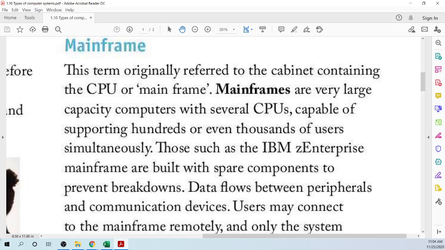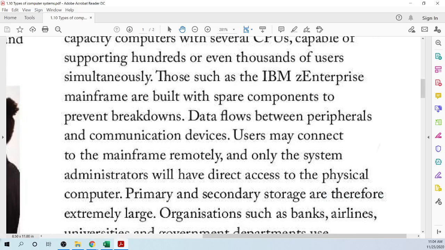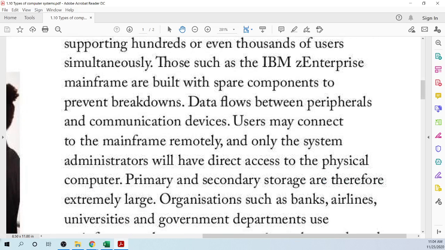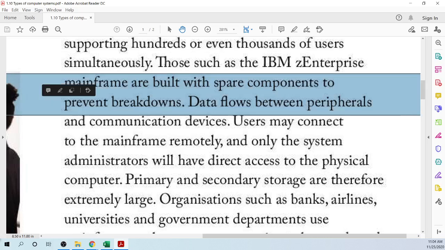Mainframes are built with spare components to prevent breakdowns. Data flow between users and peripherals. Data flow between peripherals and communication devices.